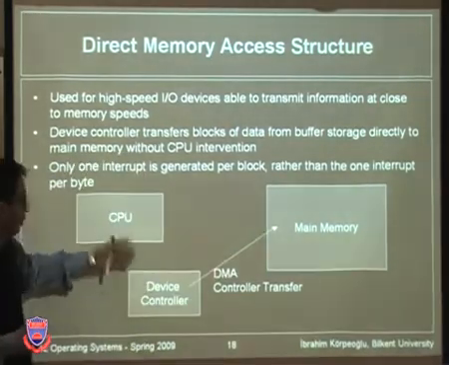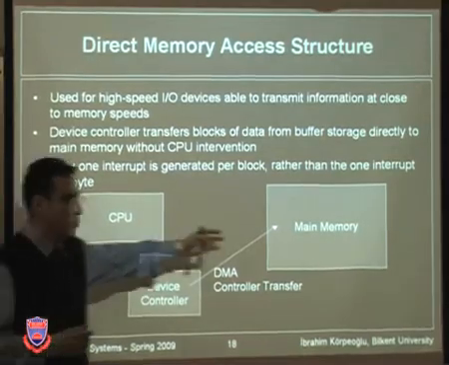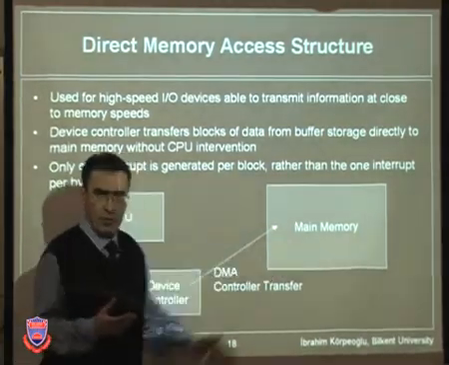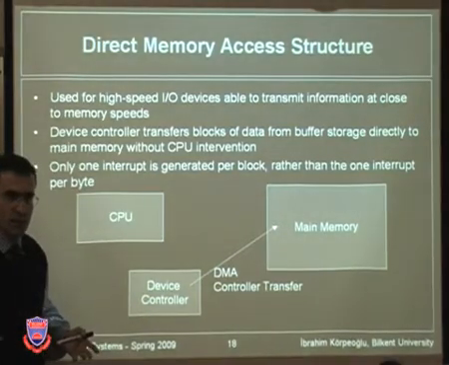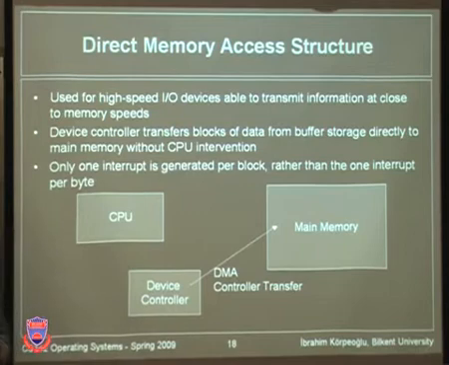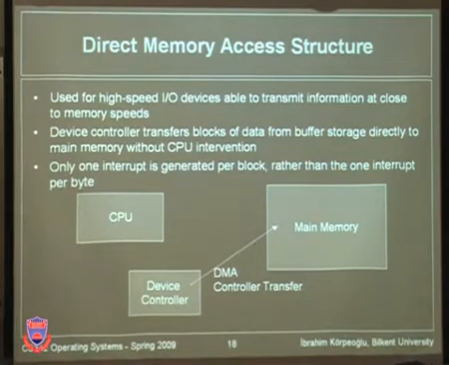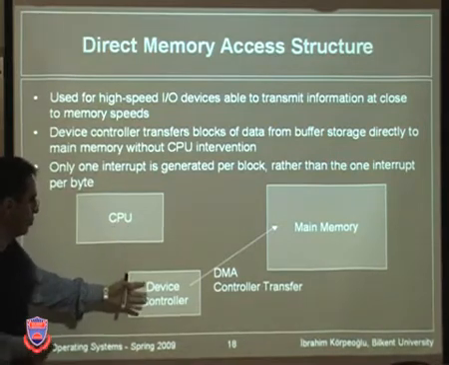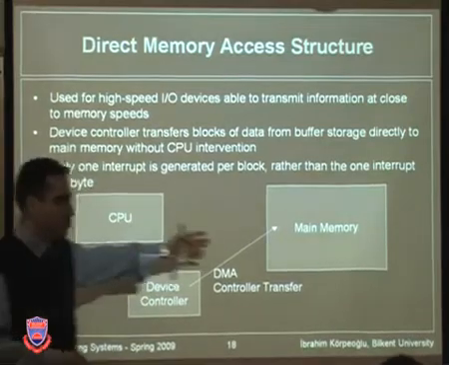Without DMA, the CPU itself copies the data from the device controller to the main memory for a read operation from a device, for example. If the application would like to get something from the keyboard, disk, and so on, the application will call the respective system call. Finally, that system call will trigger some routines in the kernel to take the available data from the device controller and move it to the main memory.